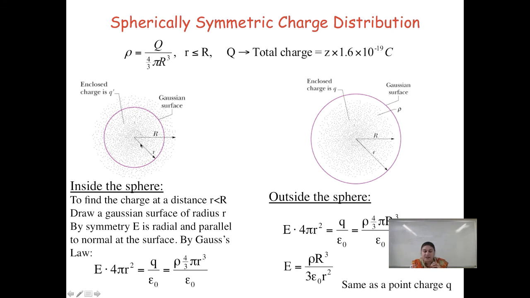But inside the sphere, what is very interesting to note is that only the charge that's inside will matter. Anything outside does not matter for Gauss's law, right? So you will have E times 4 pi r squared equals rho times 4 over 3 pi r cubed over epsilon naught. That's going to be your electrical field.